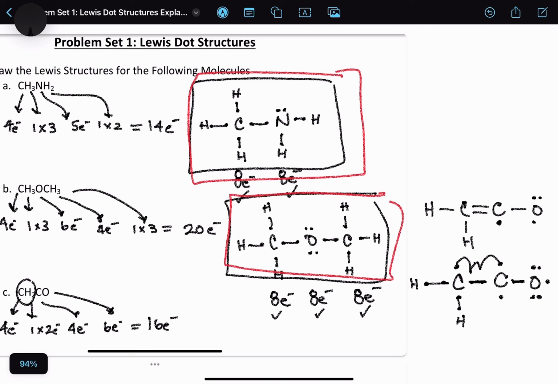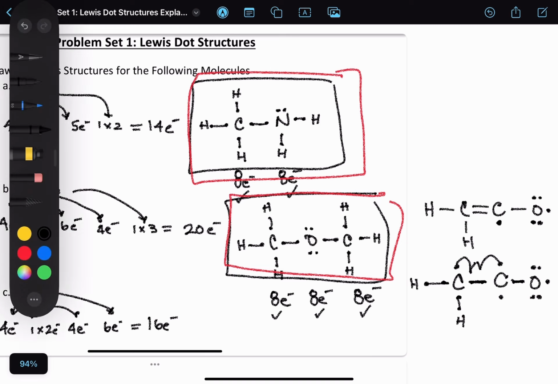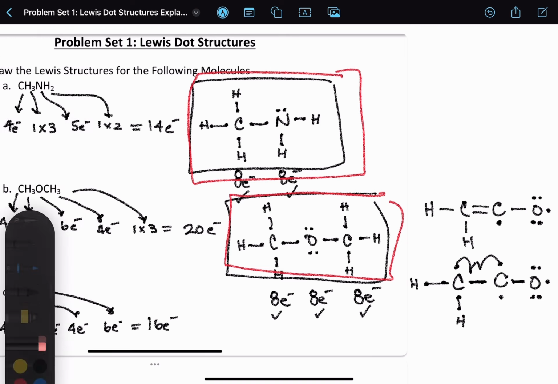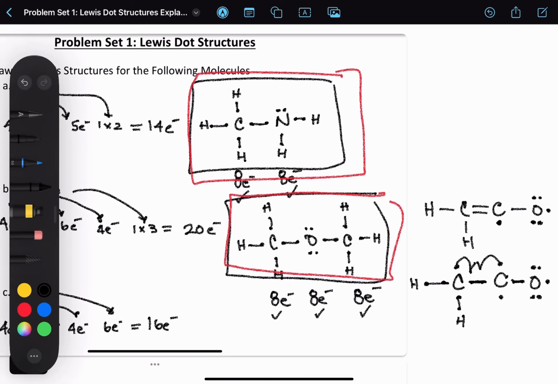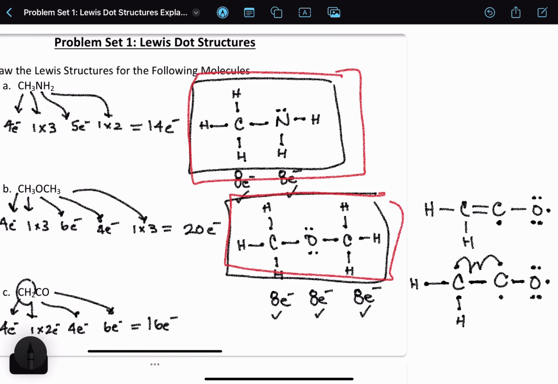And what I can do here now is take that radical, or electron, excuse me, bring this here and bring that there.